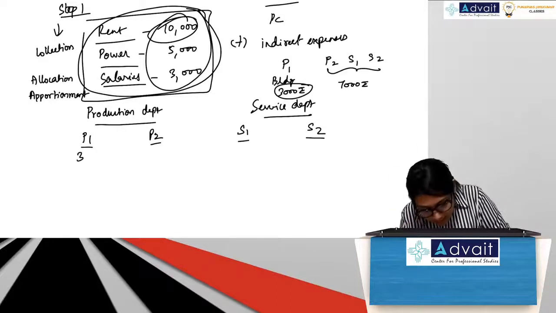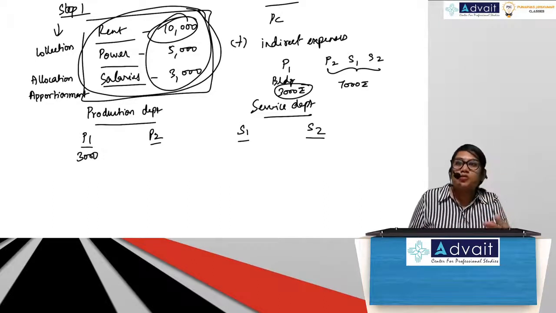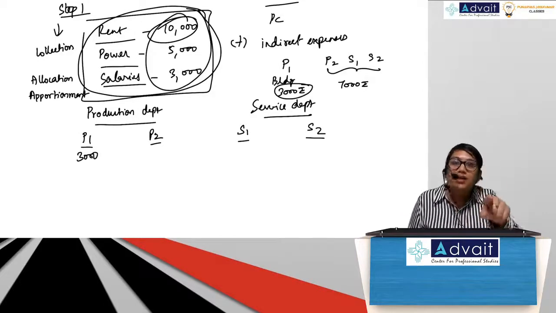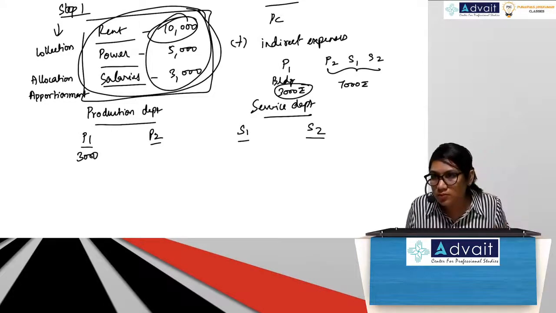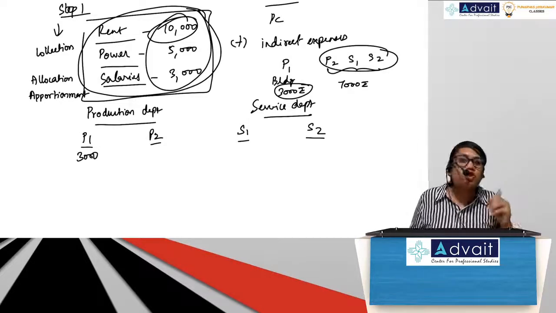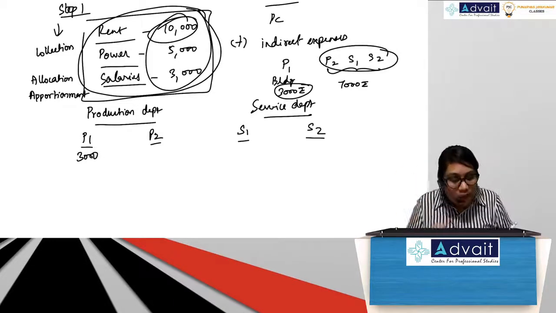So I will simply put 3,000 here. I don't have to divide that 3,000. So when I look at an expense and associate that with a department without dividing it, that is called as allocation.